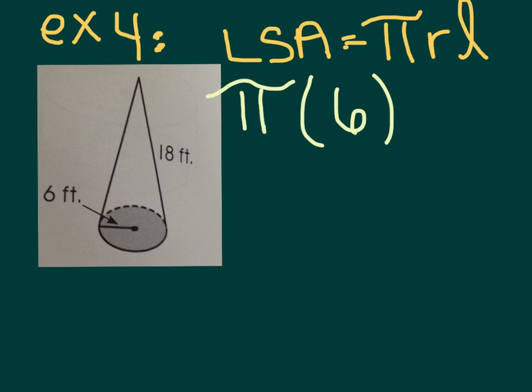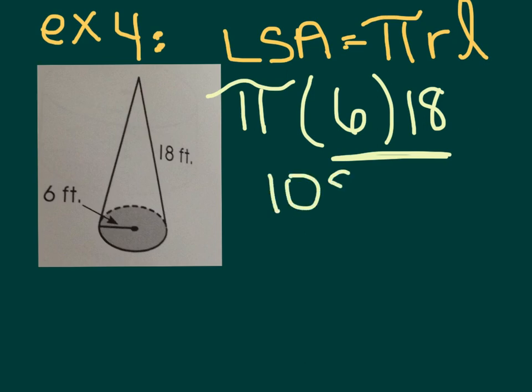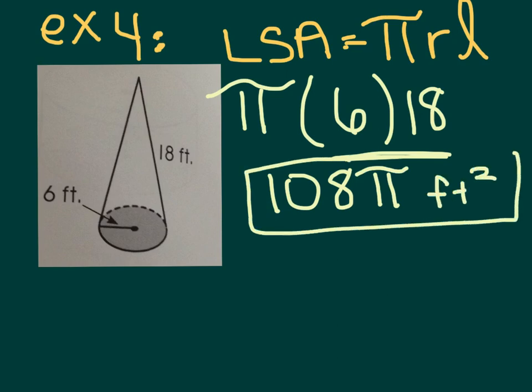And then your slant height, that's the leaning, that's going to be 18. Now to write your answer, I want you to leave pi with it. So you're just going to multiply the two numbers. We got 6 times 18, and that's 108. So this answer would be 108 pi. And our units are in feet. So that would be our first answer.